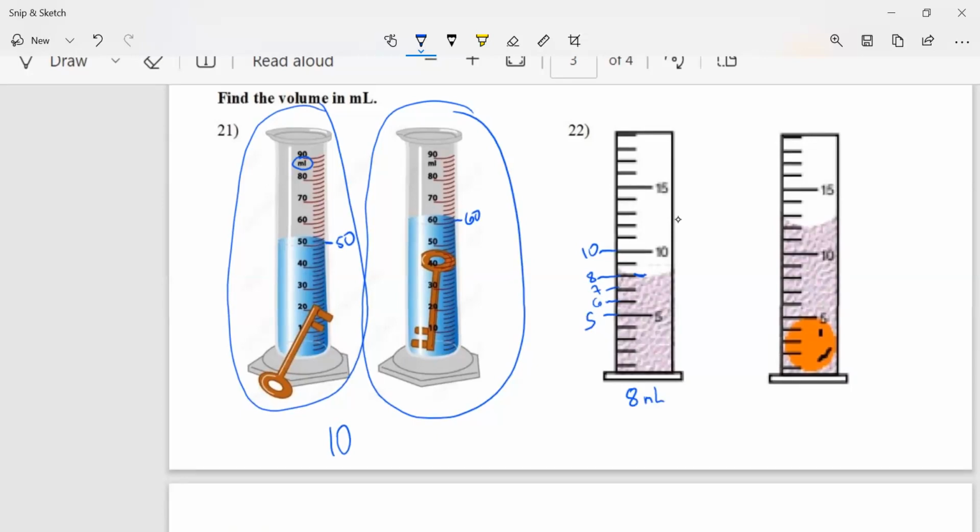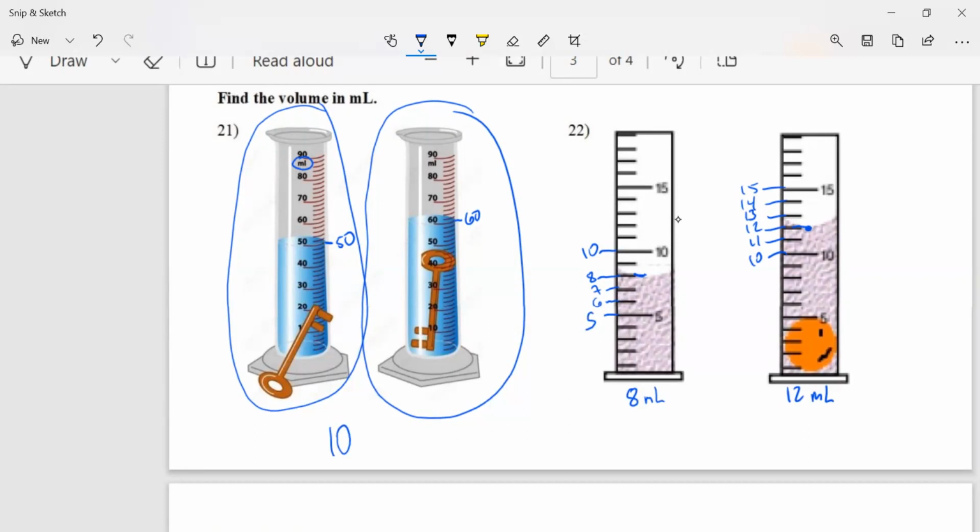Now the water with the orange in there, right? This is 10, this is 11, this is 12, 13, 14, and obviously you see 15. My water level is there at 12. I'll measure it here, 12 milliliters. So 8 is just the water, 12 is my orange with the water.